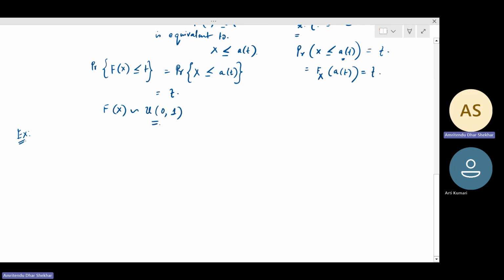You have a fair coin with you, which is the Bernoulli random variable with probability half, and you toss this coin n times.